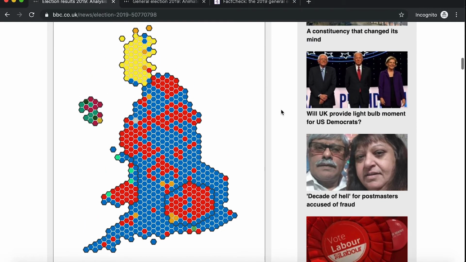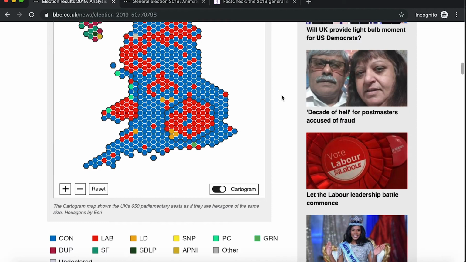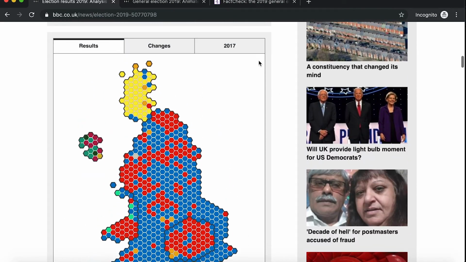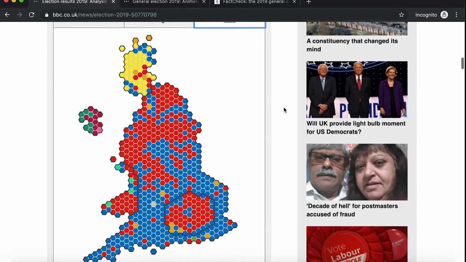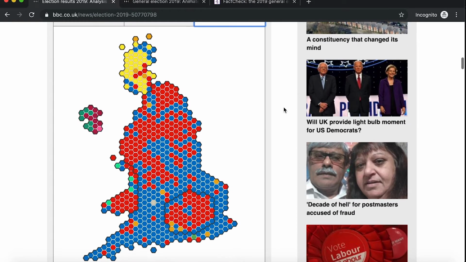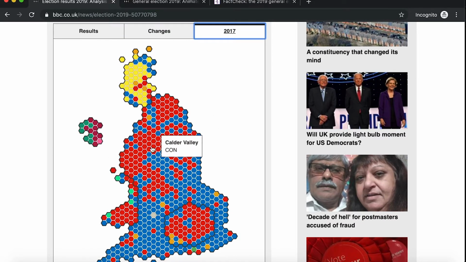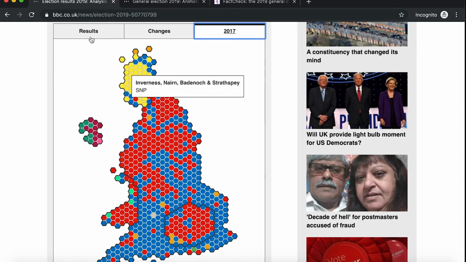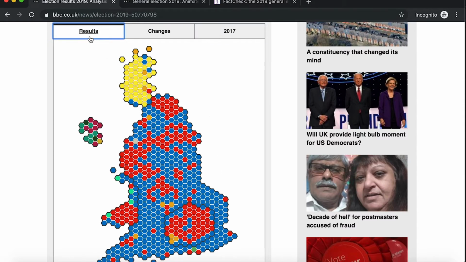And again, as you can see up in Scotland, you've got that strong yellow SNP area. And if we do a comparison with the 2017 results, you can see very, very clearly this northern belt that has since been dropped to some degree, albeit not as extreme as on the purely geographical size version rather than these hexagons.